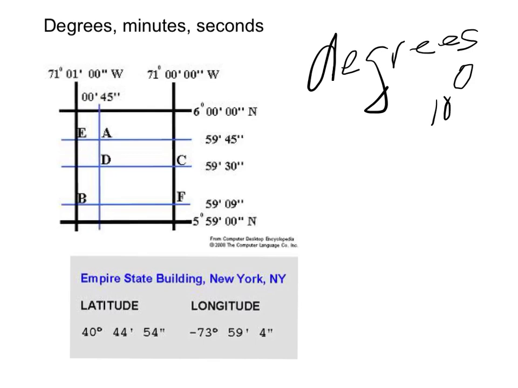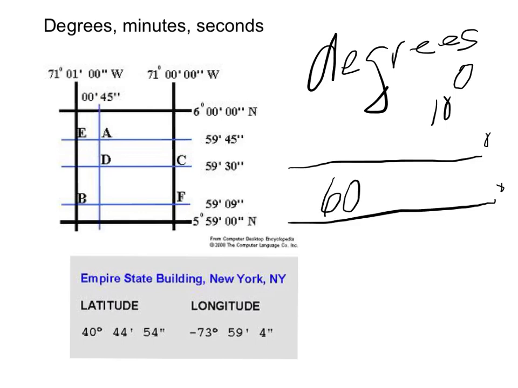But we also realized that every time we had lines that represented degrees, we could divide that. We could subdivide that. And so between each line of degrees are 60 smaller lines that are called minutes.